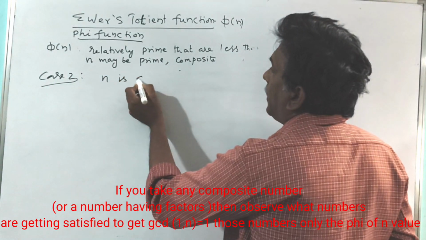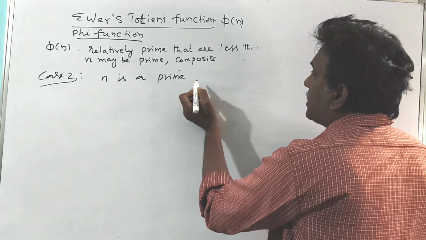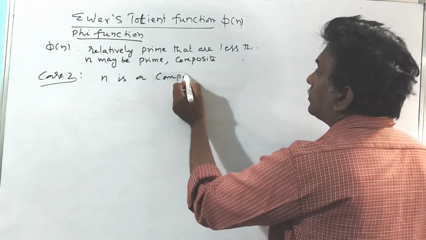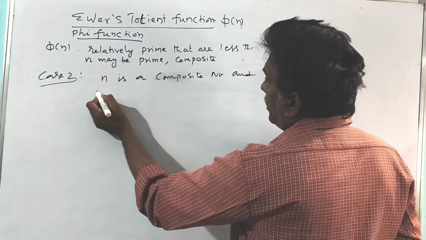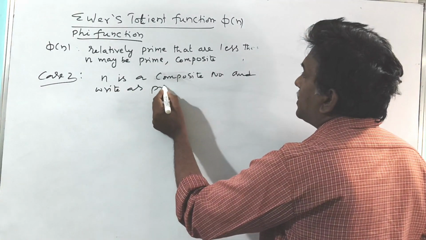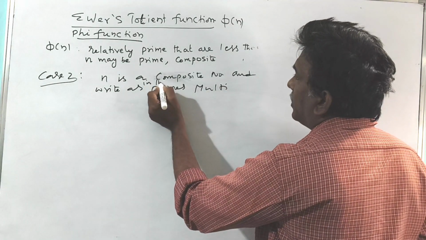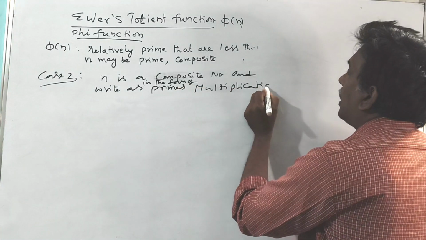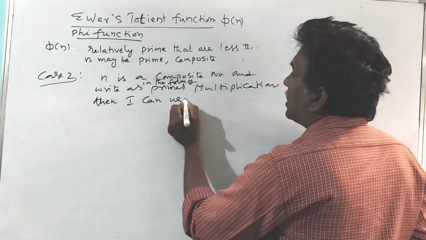If n is a composite number and can be written as a product of primes, then I can use this formula.